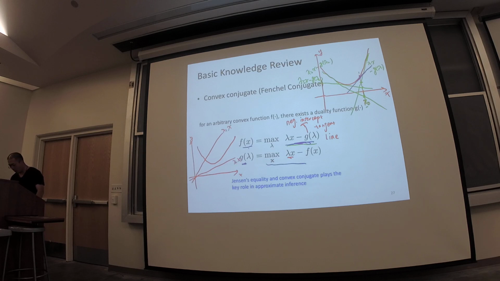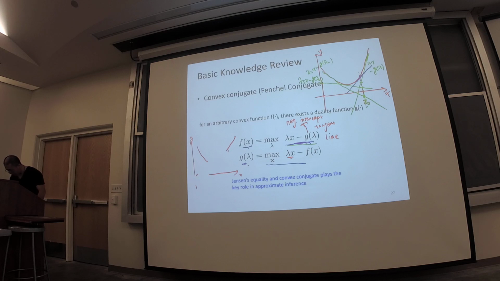So now here we assume lambda is fixed. So suppose we choose some particular lambda, and let me draw a good looking line. So let us fix lambda, and then the corresponding lambda x.